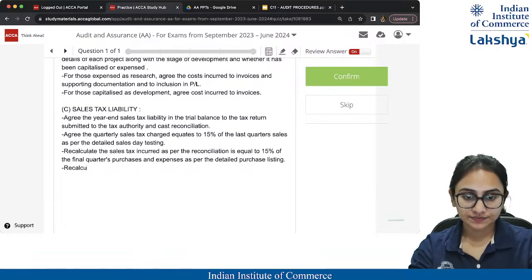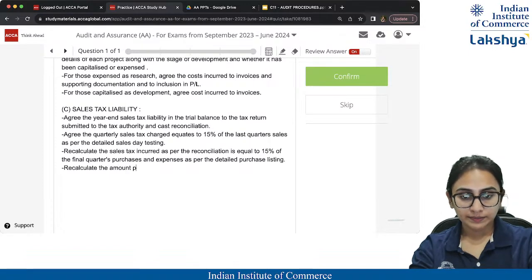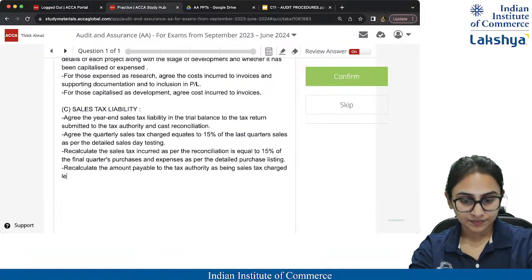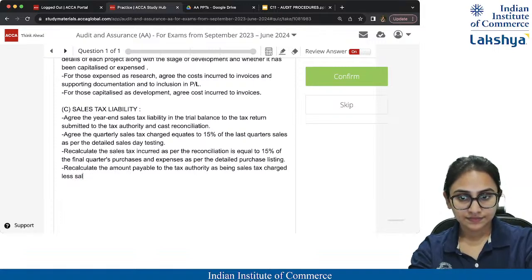Recalculate the amount payable to the tax authority as being sales tax charged less sales tax incurred.